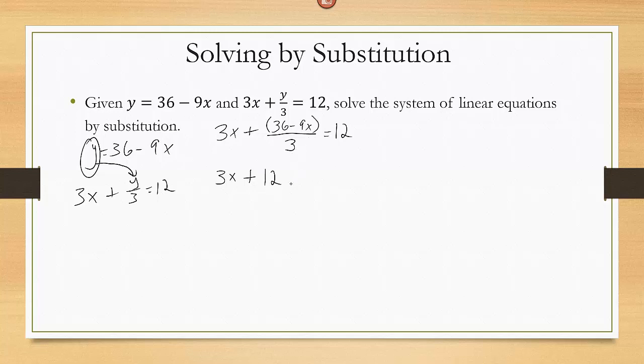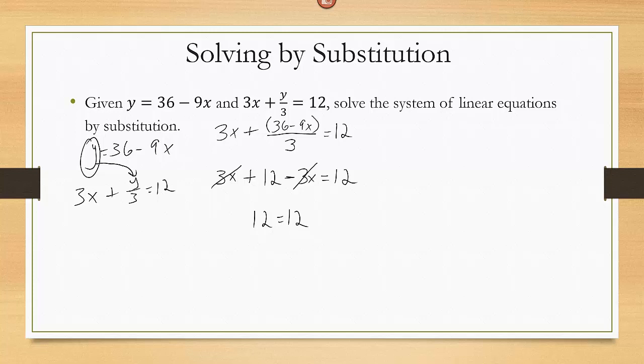And then minus 9x divided by 3, that's 3x, equals 12. Okay. So now let us combine our like terms. So we're going to have 3x minus 3x, and we're left with 12 equals 12.